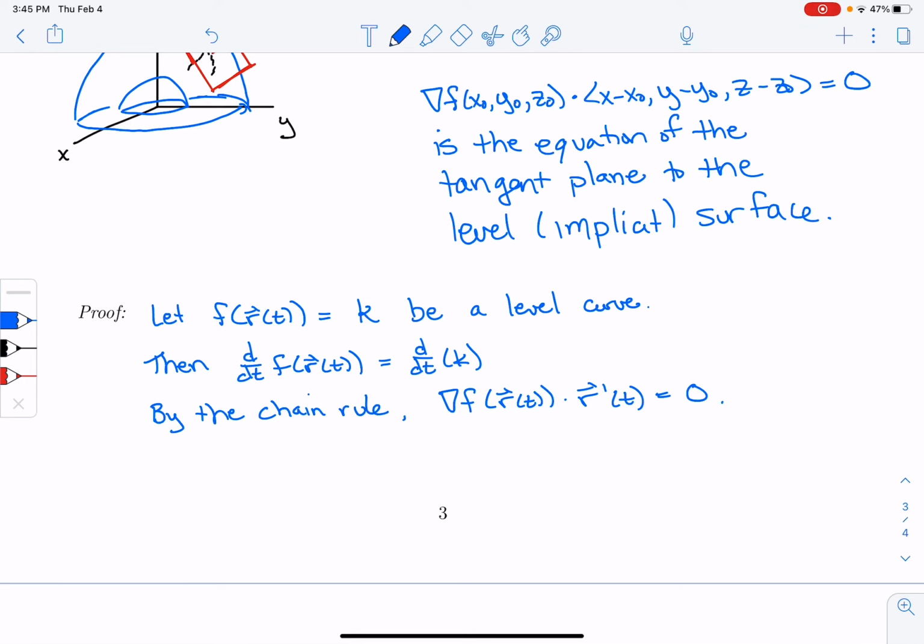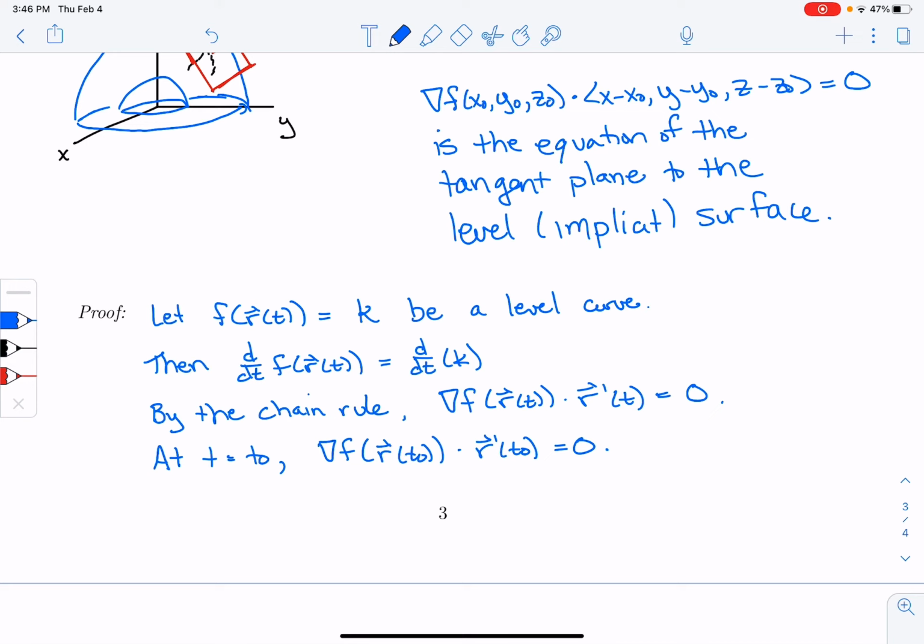So at t equals t0, we get that the gradient of f of r of t0 dotted with r prime of t0 is 0. That shows that the gradient is perpendicular to the level curve at t equals t0.